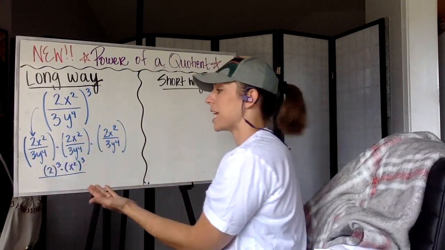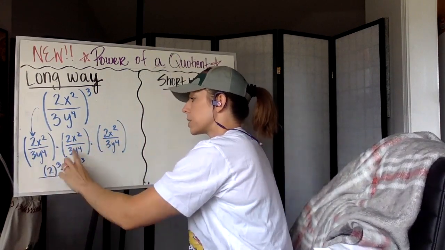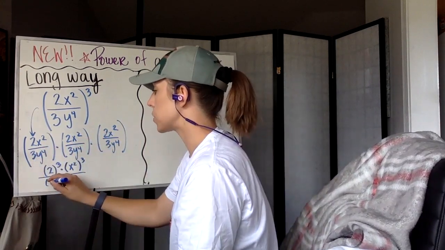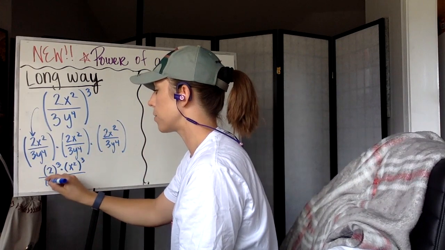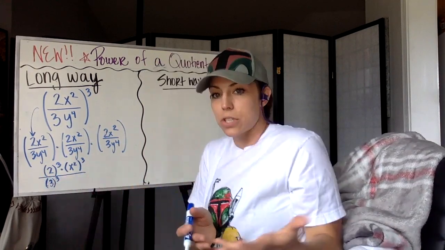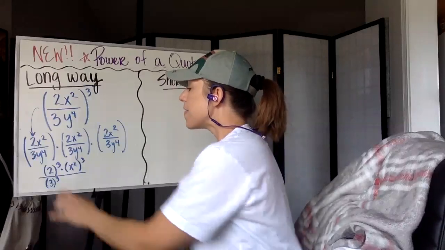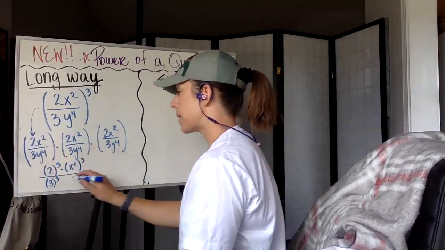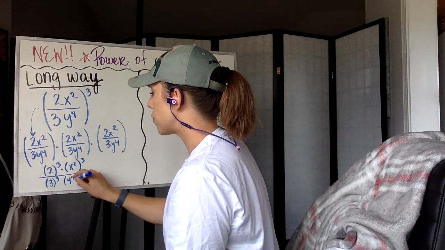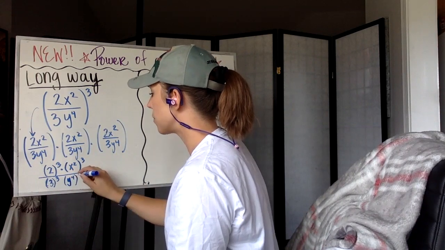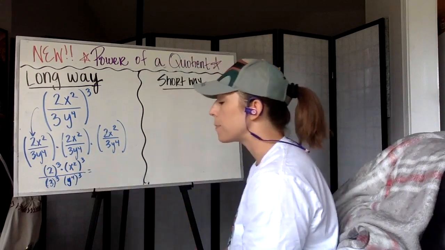What's happening in the denominator? Well, 3 is multiplied by itself 3 times, which means 3 will be raised to the power of 3. That's what repeated multiplication is. It's just a power. And then y to the 4th gets multiplied by itself 3 times. We have y to the 4th raised to the power of 3 as well.